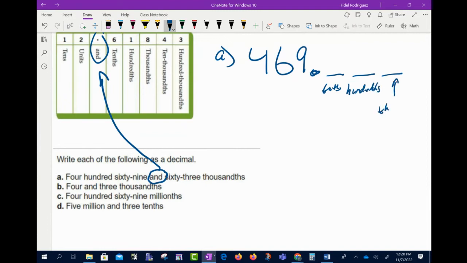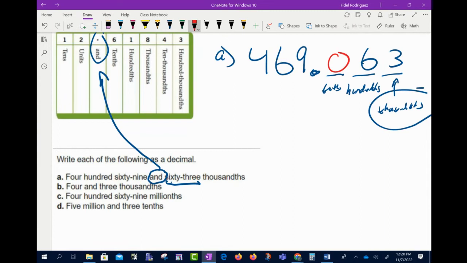Okay, so look what we have. We have 63 thousandths. So if it's 63 thousandths, the last number has to appear in the thousandths position. So 63 has to go into the thousandths. So then what number has to go here? A 0, right? If I don't have a number to put in there, 0 is always going to be kind of like our filler, okay?